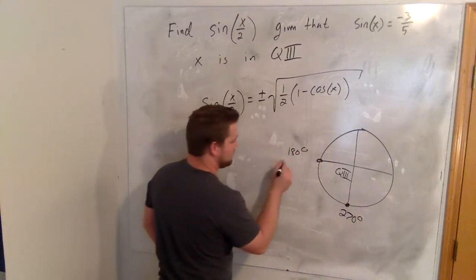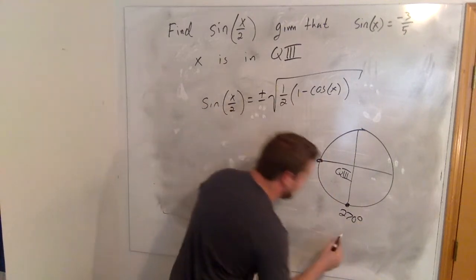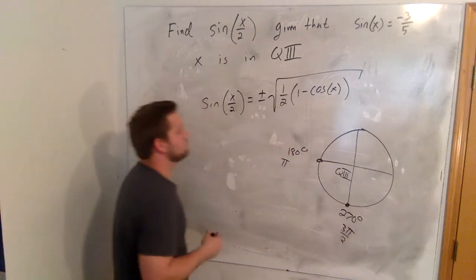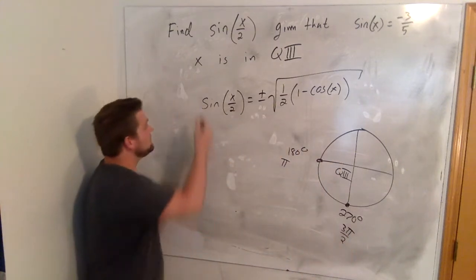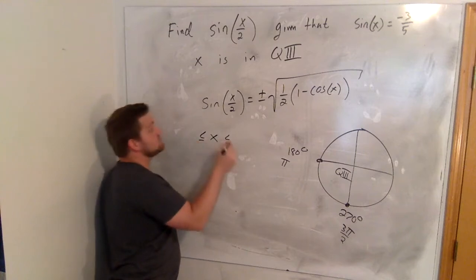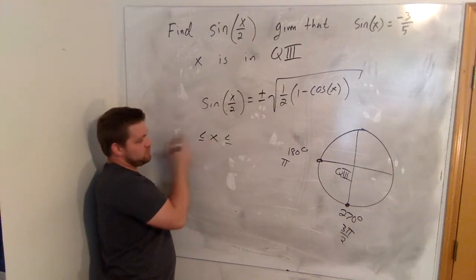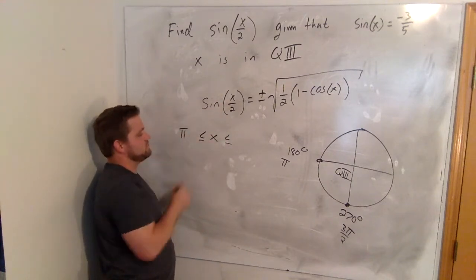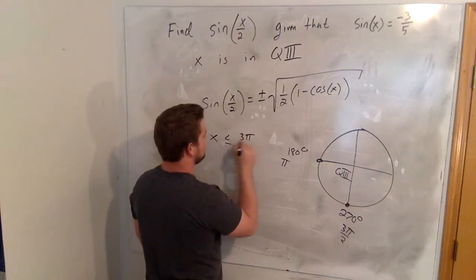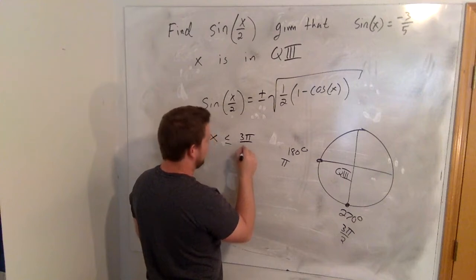Or this is pi radians, and this would be 3 pi over 2 radians. So either one you want to work in. So I know that since x lives in quadrant 3, it's between, I don't know, how about we use radians? Pi to 3 pi over 2.